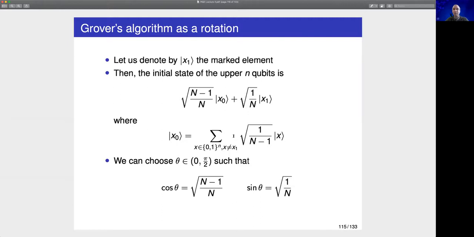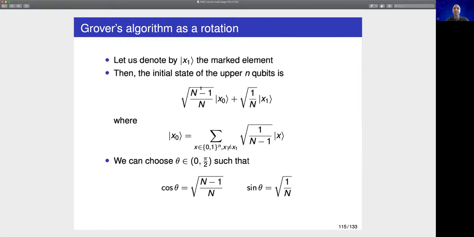Now notice, you can easily see that this is exactly the same expression that we had before, because this n-1 cancels with this n-1 here. We are writing the same state in a different way. But now notice that this square root here and this square root here, when we compute their squares and add up their values, of course, they add up to 1.